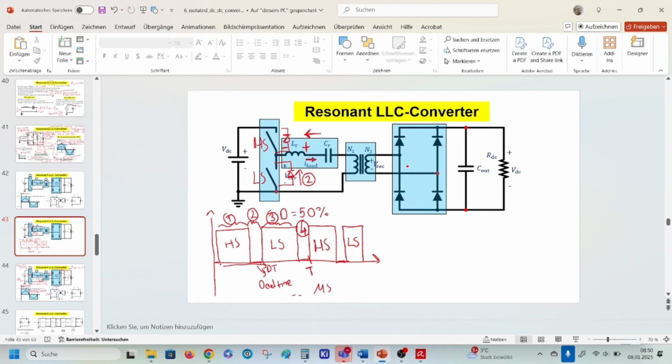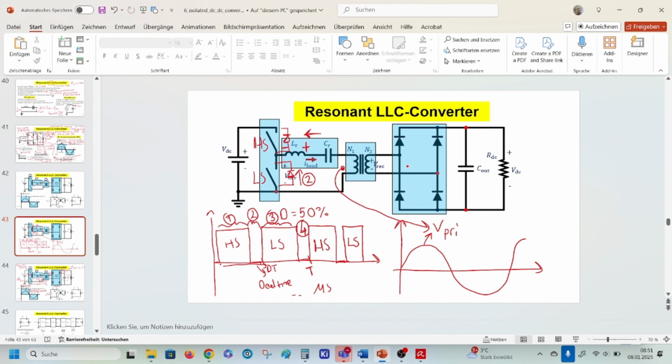So now we have a sine wave here, this is my voltage on the primary side here, and I will scale it with my turn ratio.